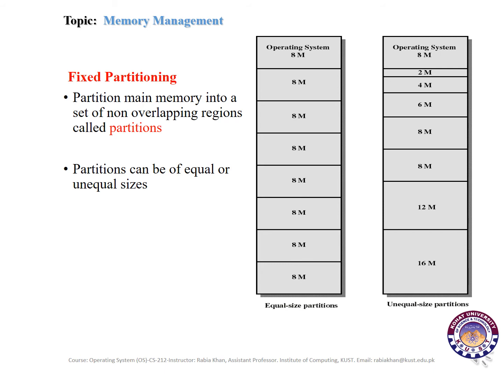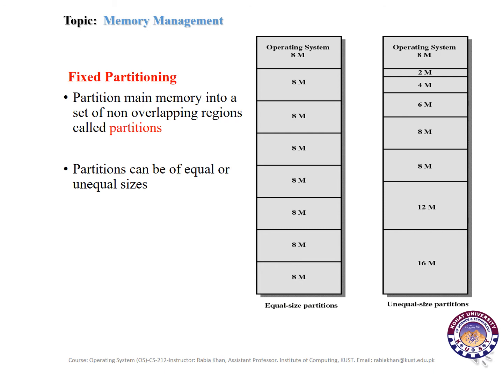In the figure, you can see equal blocks of 8 MB slots each, with 8 MB at the top being occupied by the kernel, and the rest of the equal size slots are available for the user tasks. While in the unequal sizes, you can see different blocks having different sizes of slots, and again the kernel occupies some fixed space at the top of the RAM.